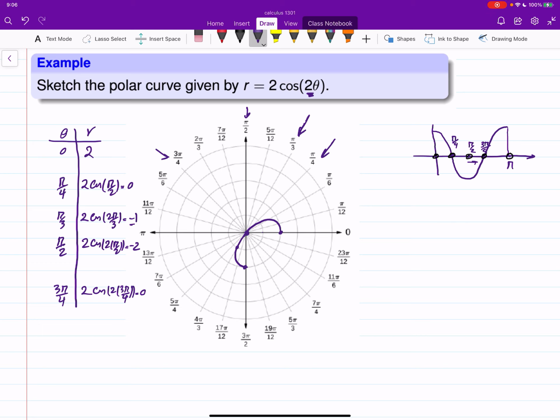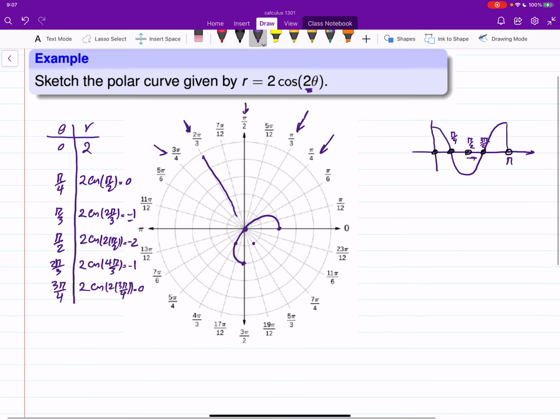But one more step here, for example, 2 pi over 3, so 2 cosine of 4 pi over 3. This is like cosine of pi over 3, negative of that, this will be negative 1 again. So it means that at 2 pi over 3, this is the ray, but r is negative, so it will go up to that point.